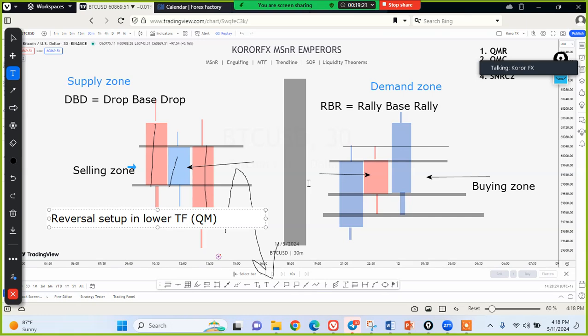So if you learn the basics of engulfing, and you also know drop base drop and rally base rally, then let us continue with another setup, which is called continuation in lower time frames. When it comes to continuation in lower time frames, we use 3 setups. Let me show you. So continuation in lower time frames, that's the title.